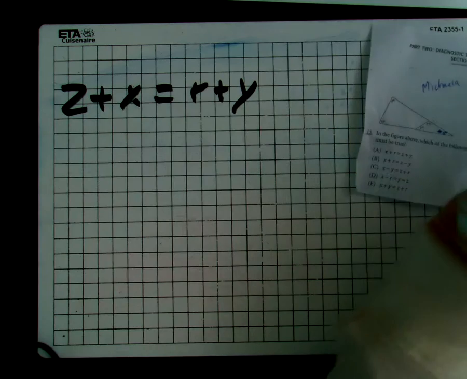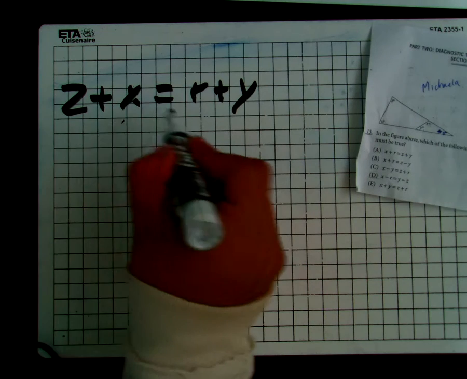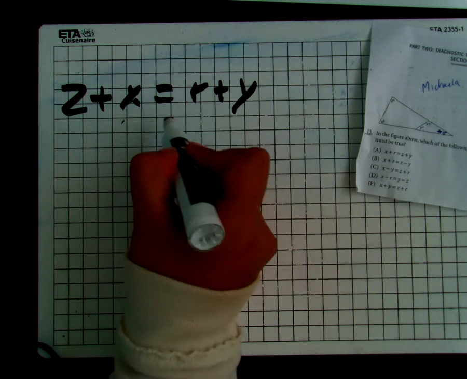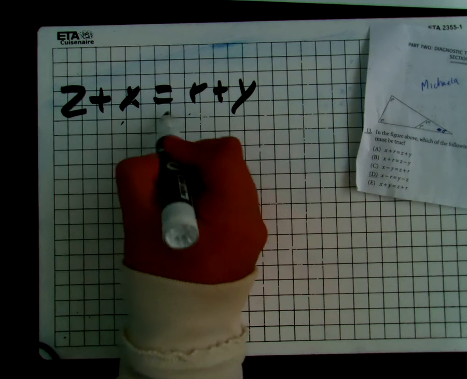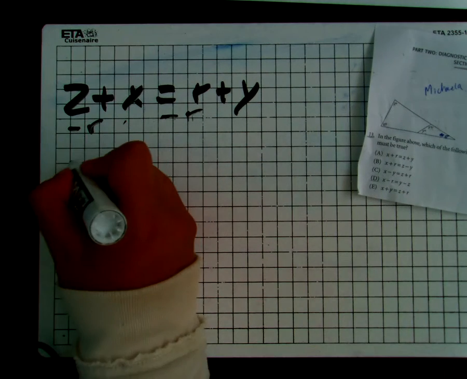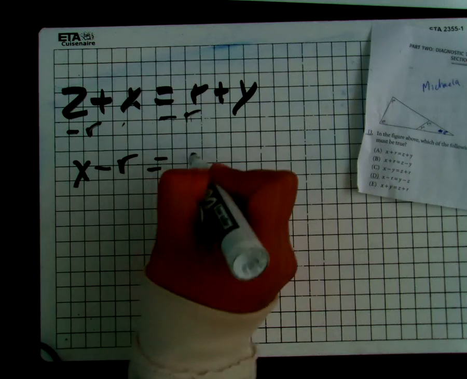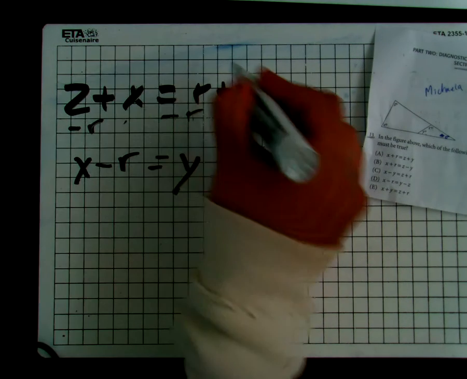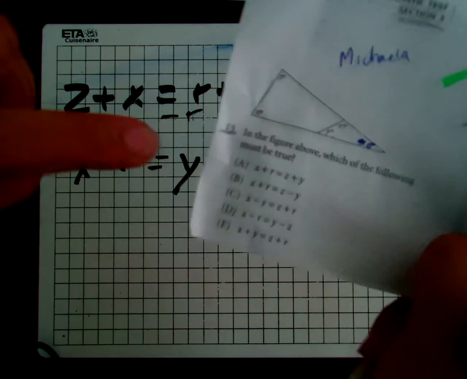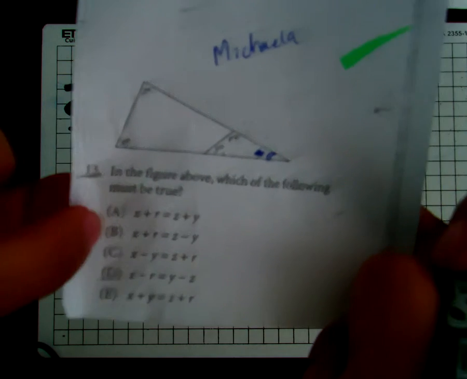But as you can see, in this equation, there will not be a positive X and a positive R on the same side, because in order to get R with the X, you're going to have to subtract the R from both sides, and that will give you a negative R. So it would be X minus R equals Y minus Z, because you would move the Z to the other side. And here it is giving us the option of X plus R as well as answer choice B, so that automatically eliminates A and B.